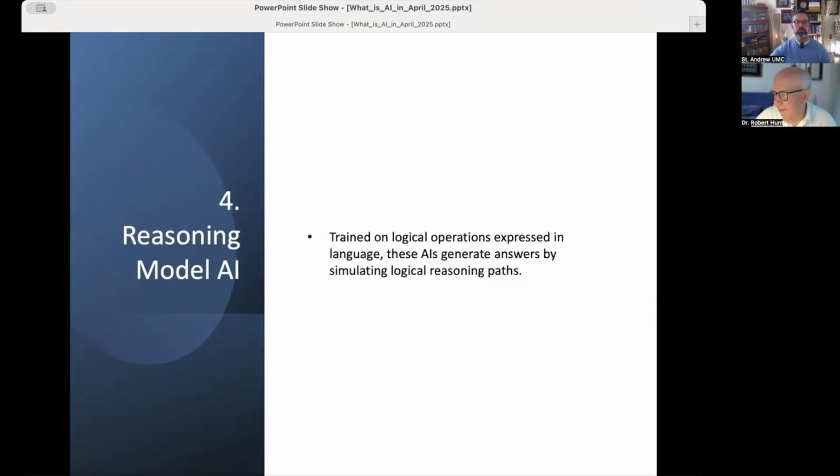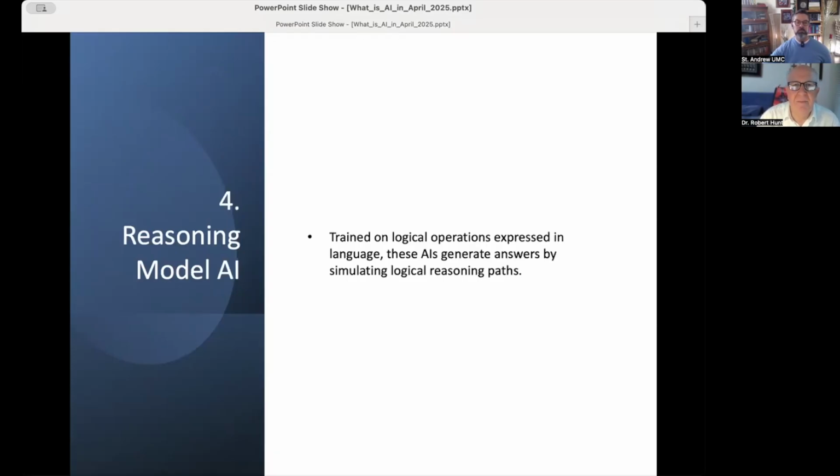Reasoning model AIs. This is pretty new. This is less than a year old. And the reasoning model AIs are not just trained on all language, they're basically trained on symbolic logic. They're trained on logical language, the logic of language, and on mathematical symbols and meanings.